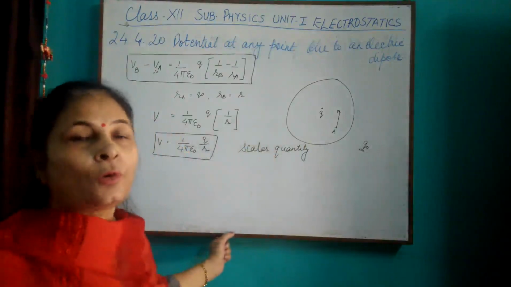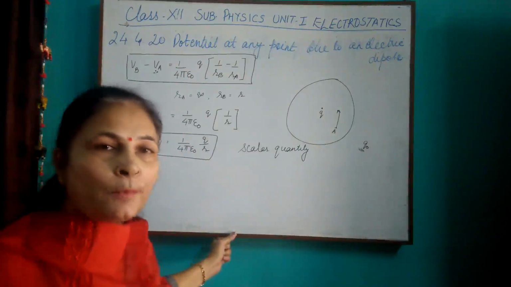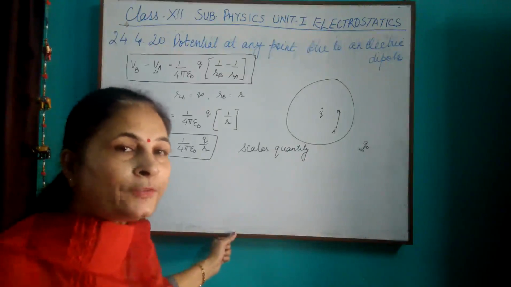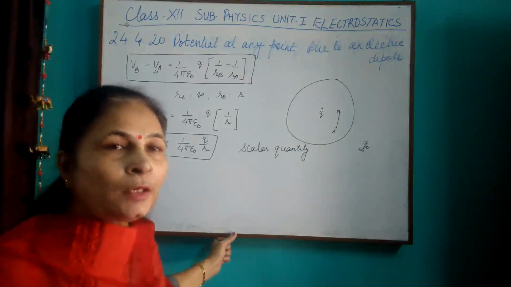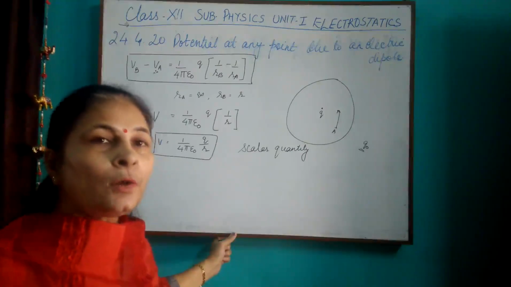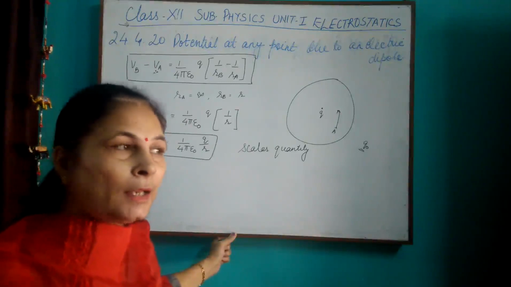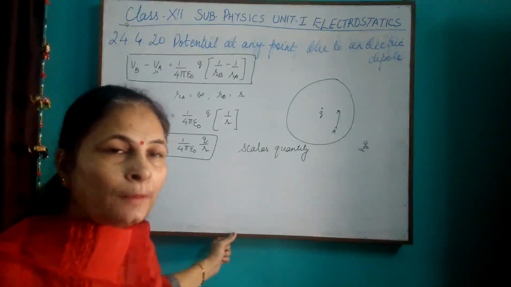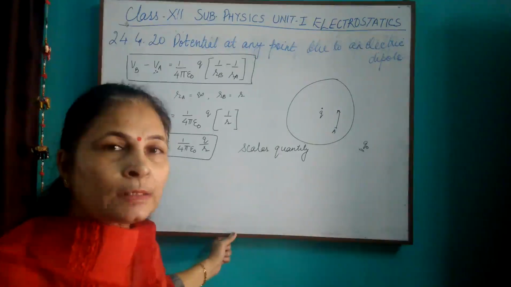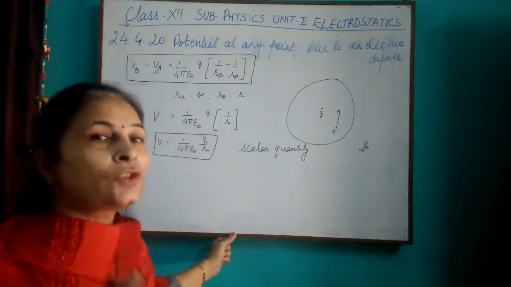Now potential is a scalar quantity, and therefore the negative or positive sign of the charge is to be included in the expression itself whenever you are calculating it mathematically. Like in electric field and force, as far as the magnitude was concerned, we were not using the sign of the charge.